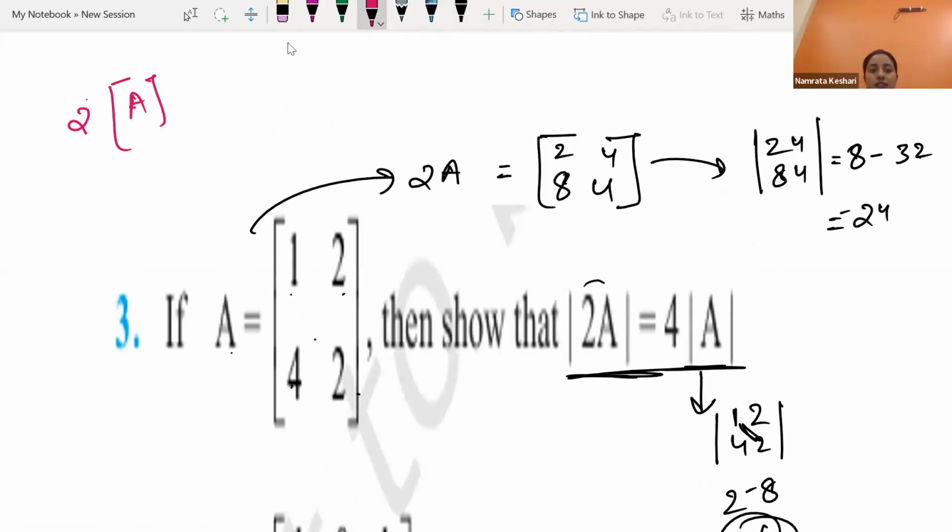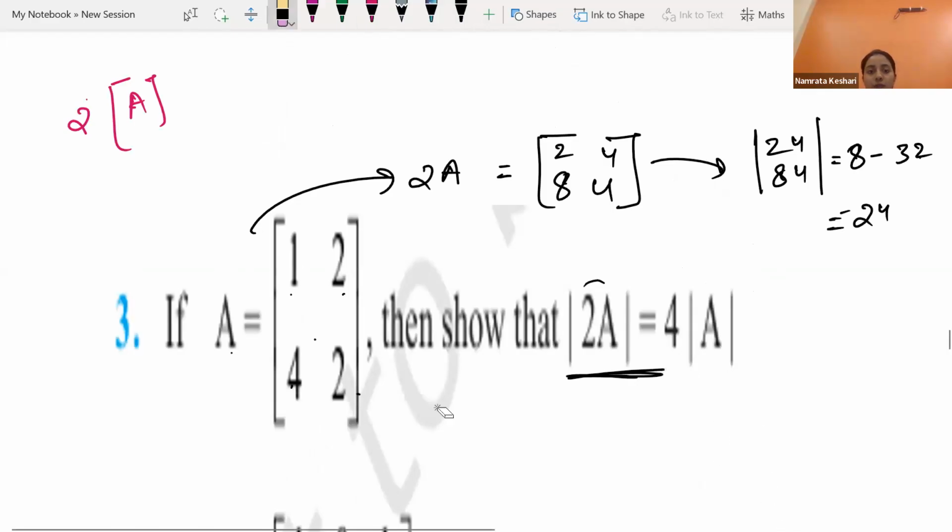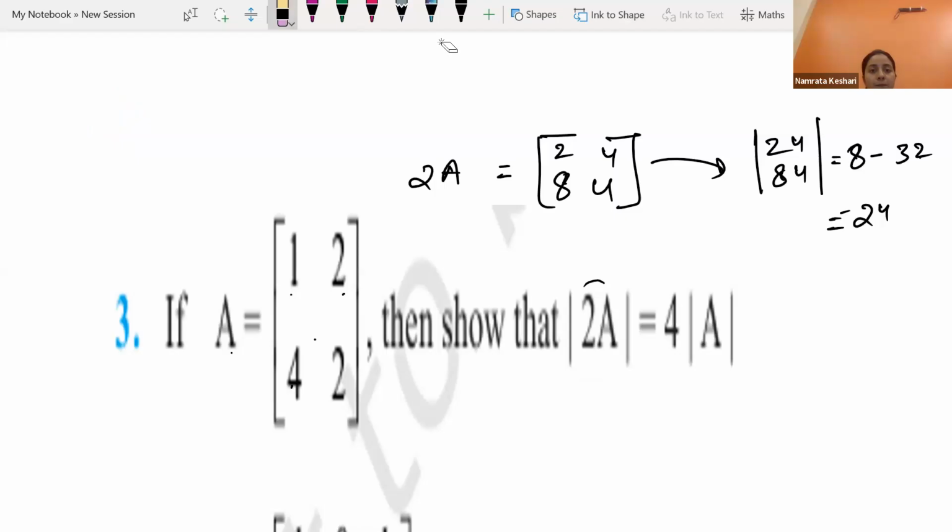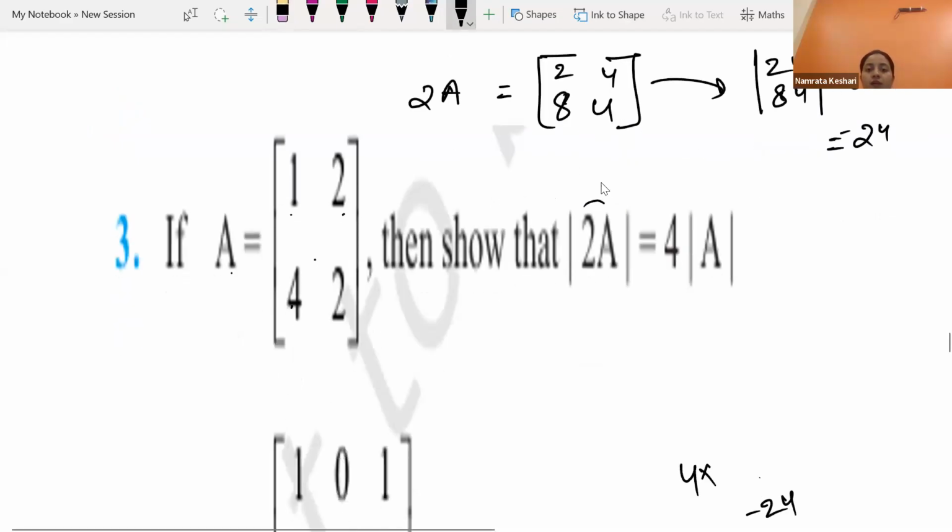Okay, so basically from here, just a moment. Are you realizing that we did the scalar multiplication of 2 with A, and its determinant is same as this 4. 4 means 2 square, we can write it. I mean, sorry, the determinant A.